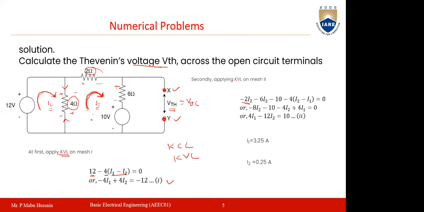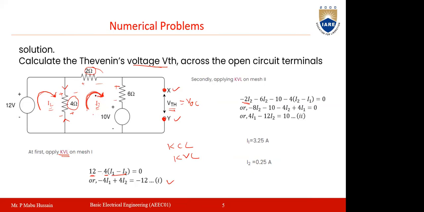Okay. So you apply the KVL here in the second loop. According to this direction of current, you have to assign the positive and negative polarity here. Now if you observe, this current is flowing from positive to negative in all the elements.